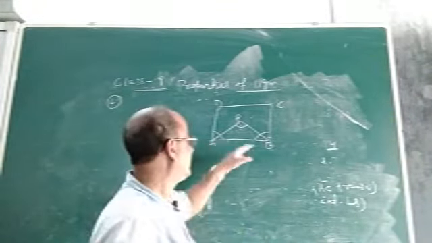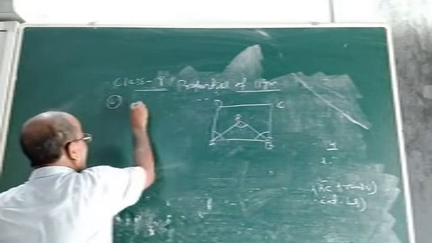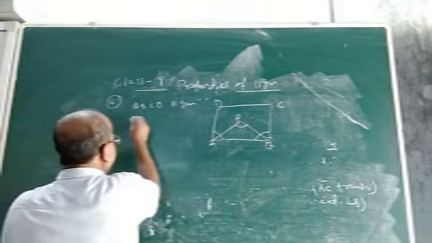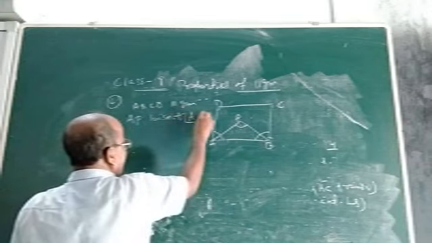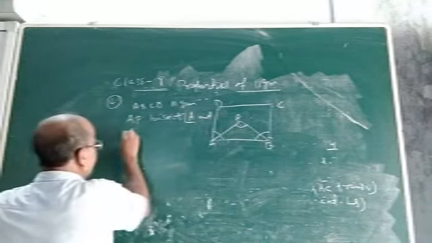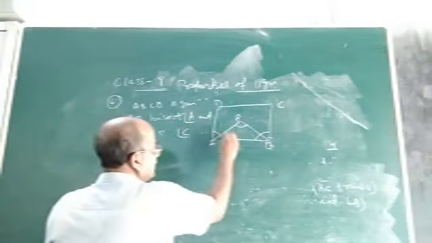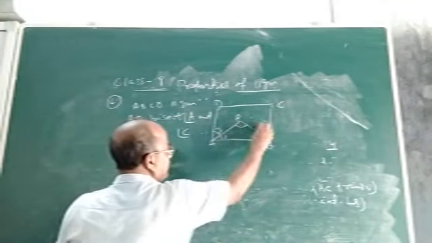Okay children, here we are given parallelogram ABCD. Suppose AP bisects angle A, and BP bisects angle B. Suppose these are angles 1, 2, 3, 4, whatever.